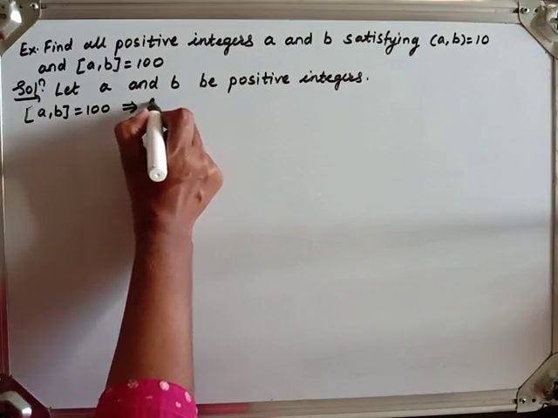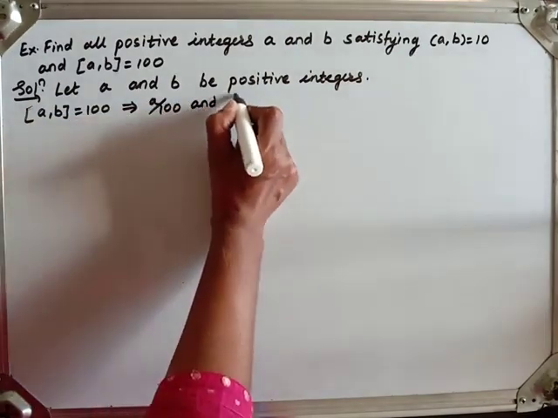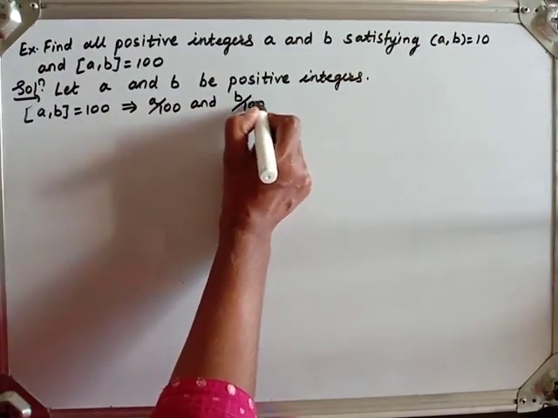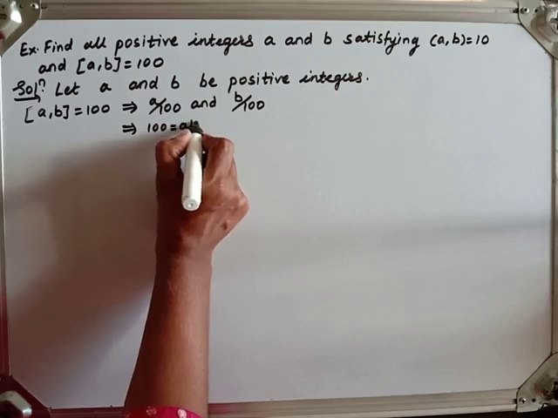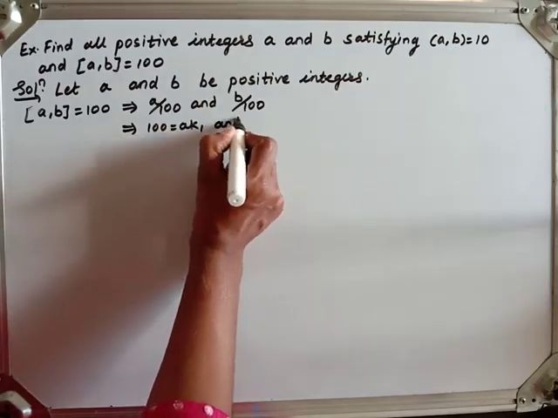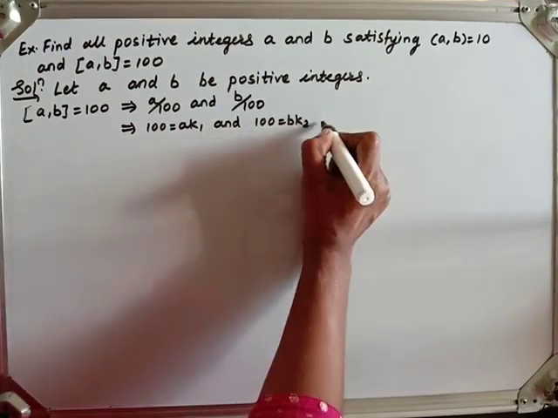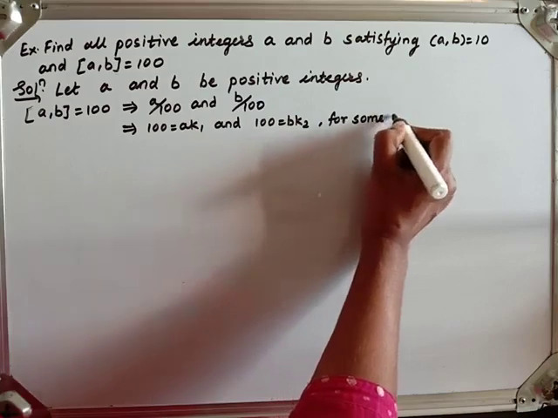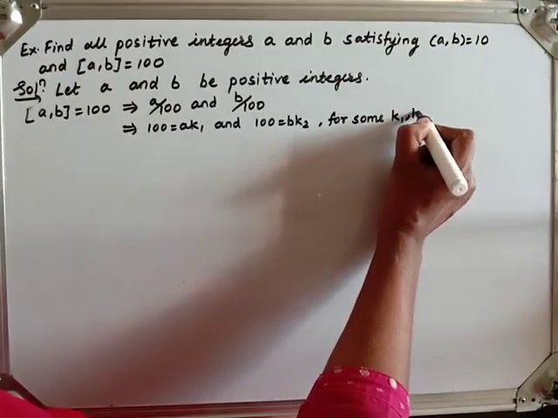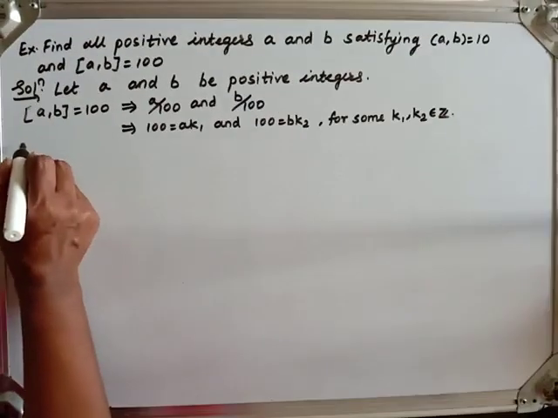So this gives A divides 100 by definition, and B also divides 100. This will give us 100 is equal to A K1 and 100 is equal to B K2, for some K1, K2 belonging to the set of integers.